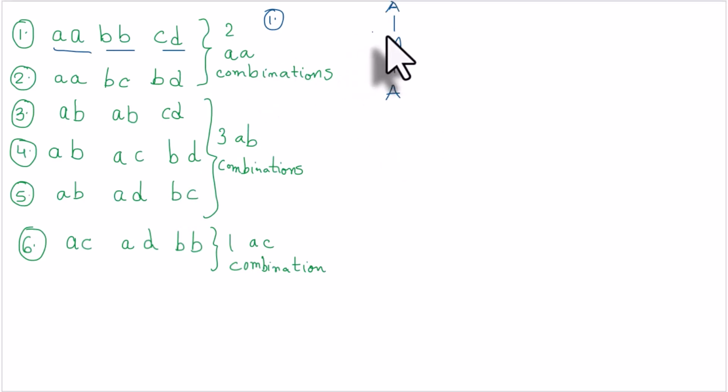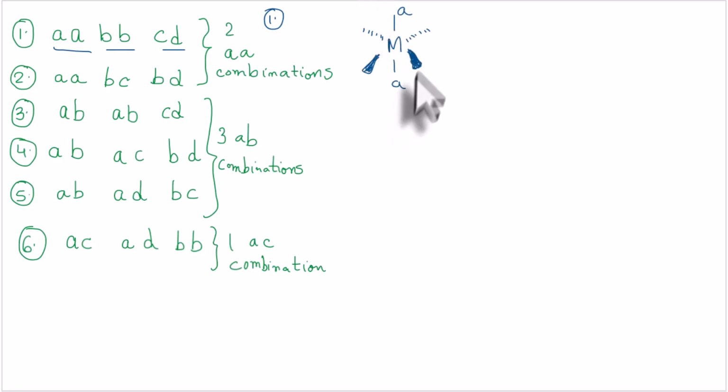Then we have to make something like this, where we have the solid wedges on one side that show the ligands in front of us, or above the plane, or near to the eye. So AA at the trans position, then BB at another trans position, and then we have C and D.